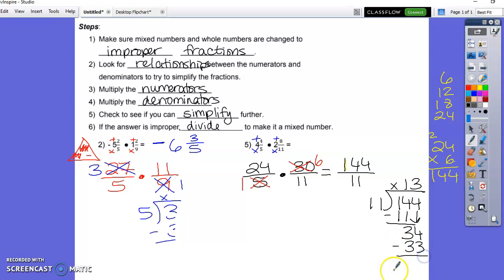How much do I have left? 1 over 11. So I'm coming back over here. I'm just double checking to make sure I did not have a sign anywhere there, and I don't. They're all positive. So my answer is 13 and 1 over 11. Okay? So now y'all are going to try the next one by yourself.